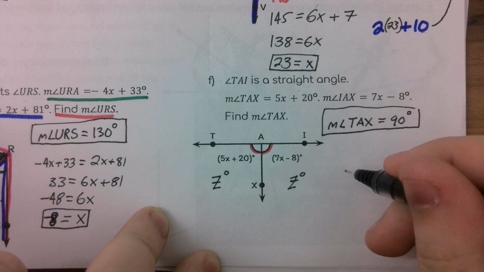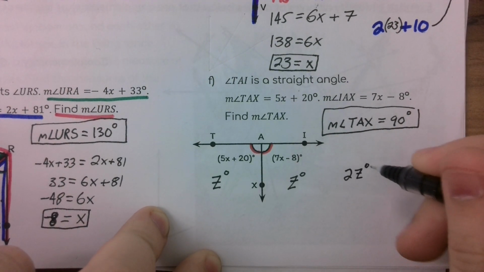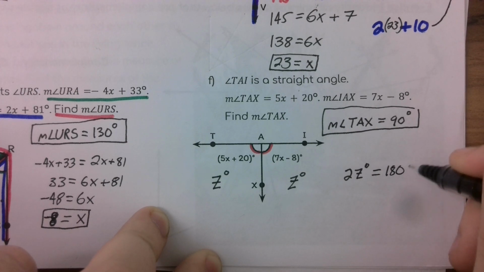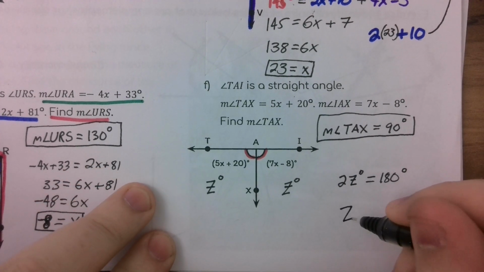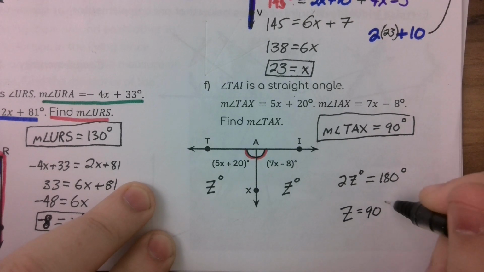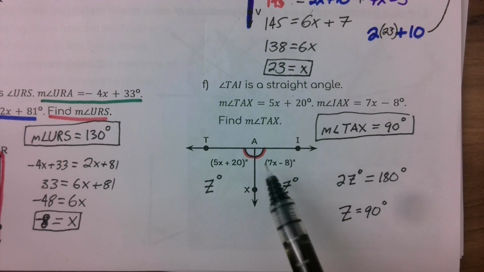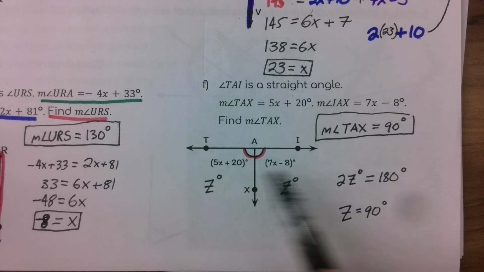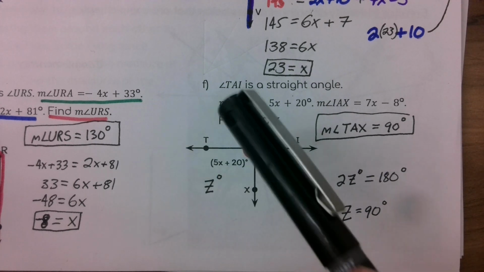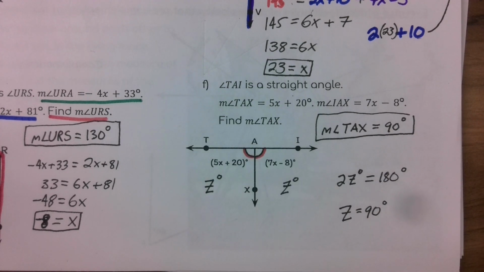Z plus z has to make 180, so 2z equals 180. If we divide 180 by 2, isn't z just 90 degrees? Folks, this is just two right angles put next to each other to make 180. Measure of angle TAX is 90, because that's half of 180.